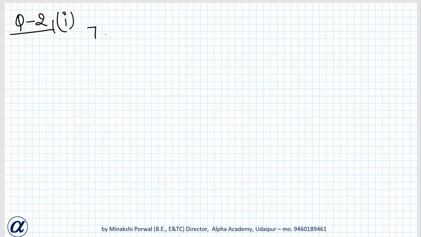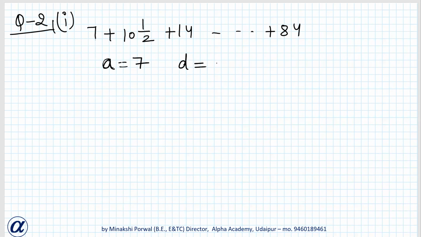Seven, 10 1 by 2, 14 up to 84. We have to find the sum of given below numbers. First of all, we'll check whether it is in AP or not. So common difference is 3.5. We can see 7 and 10.5, it is 3.5. Again 10.5 to 14, again it is 3.5. So A is 7. D is 10.5 minus 7, that is equal to 3.5.